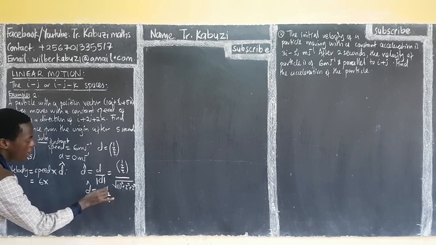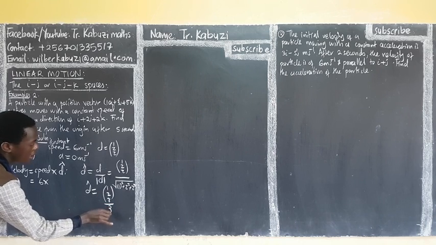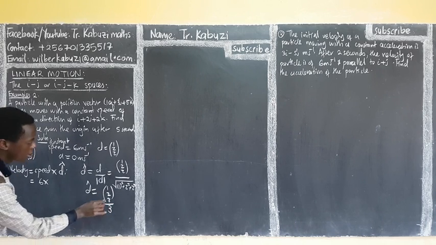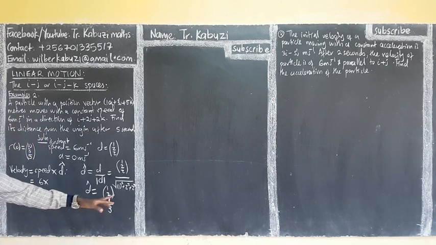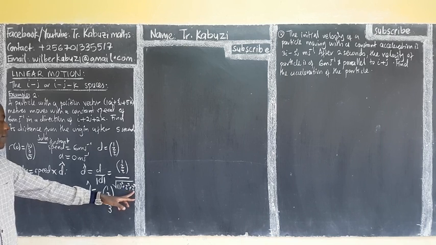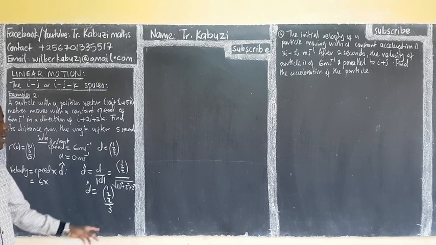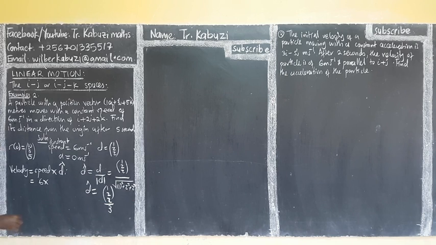That is 1 plus 4 plus 4, which is 9, and the square root of that is 3. So our d cap is a third of 1, 2, 2. Then 6 times a third gives 2 into 1, 2, 2. So our velocity is 2, 4, 4.